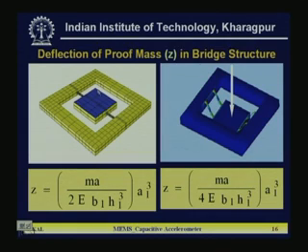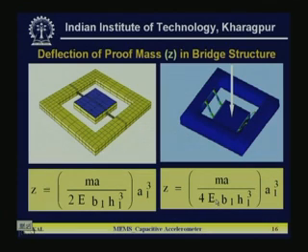So, there are different kinds of bridge structures available. In one case it is held by 2 flexures, and in the other case it is held by 4 flexures, like in a piezoresistive accelerometer. Now, in both cases, the deflection of the proof mass, which is given by Z, is given by the simple relations shown here.